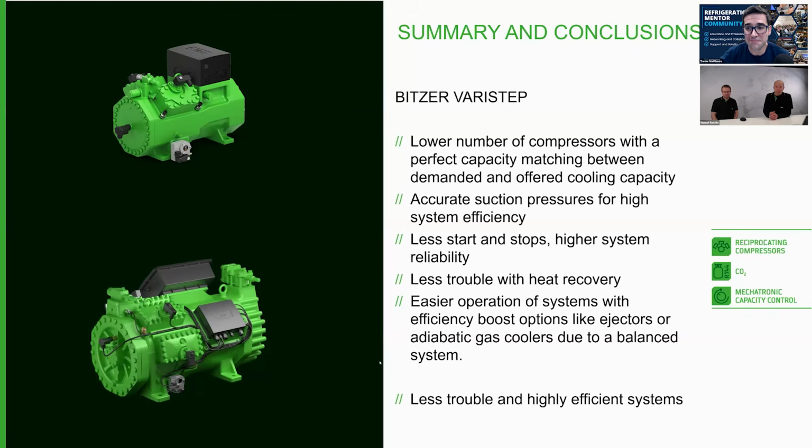And in the next step, as the systems become a bit more complex, like with ejectors, adiabatic gas coolers, additional air conditioning load possibly, or heat recovery additionally in winter time, all this adds up to needing good capacity control for different operating conditions, for summer, winter, as Tobias pointed out and explained. So in a nutshell, less trouble and highly efficient systems. Of course, that is the goal. That is what we want to achieve, where Varistep is really a great technology to accomplish that.